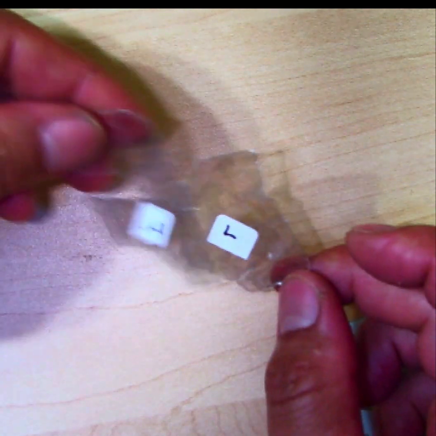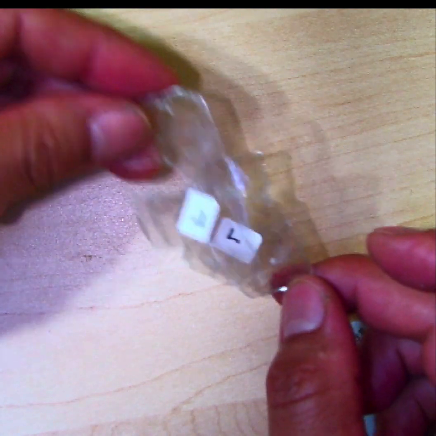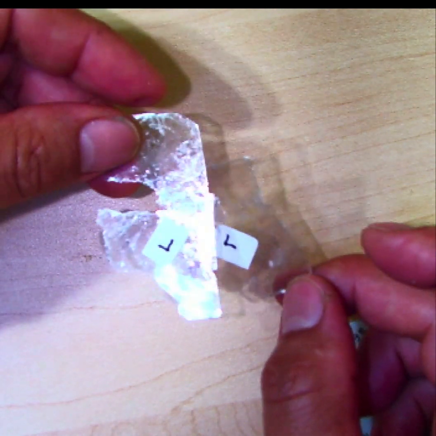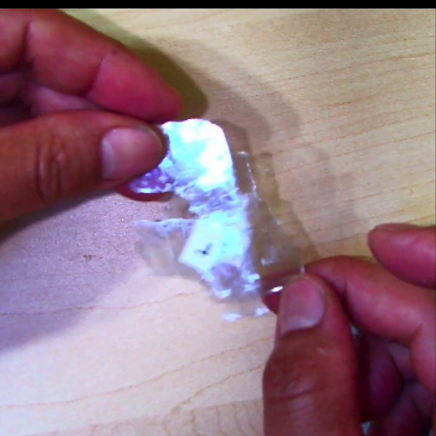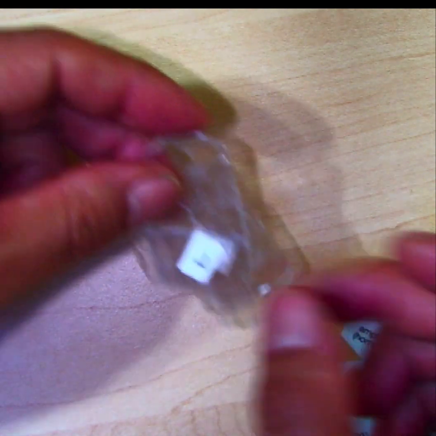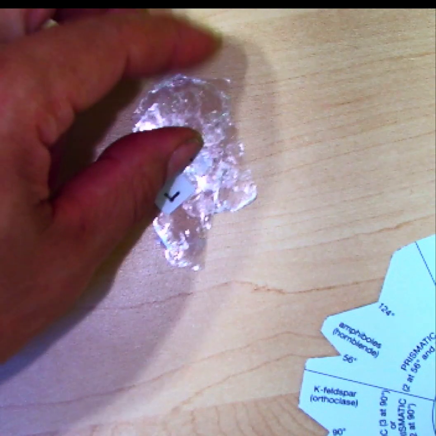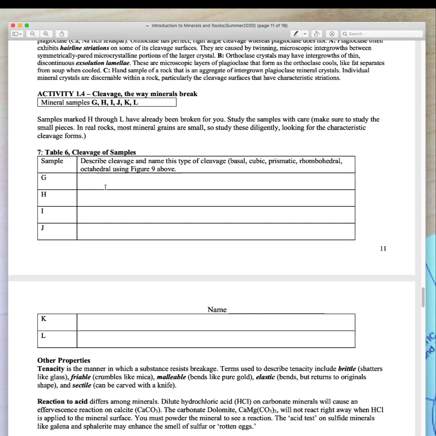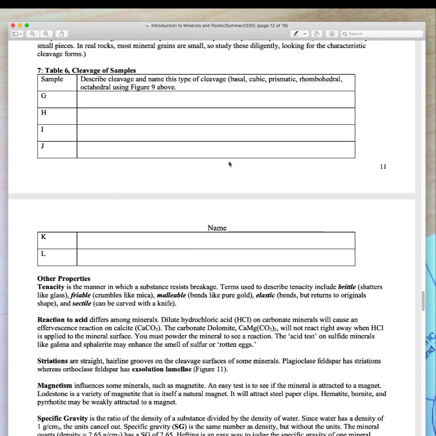So you can see these sheets come apart. So it's going to have cleavage in only one direction. And so we only see one cleavage direction. And so your job is to describe whether it's prismatic or basal or octahedral. So in order, you want to finish up this table 7, and then we'll go on to the next topic.